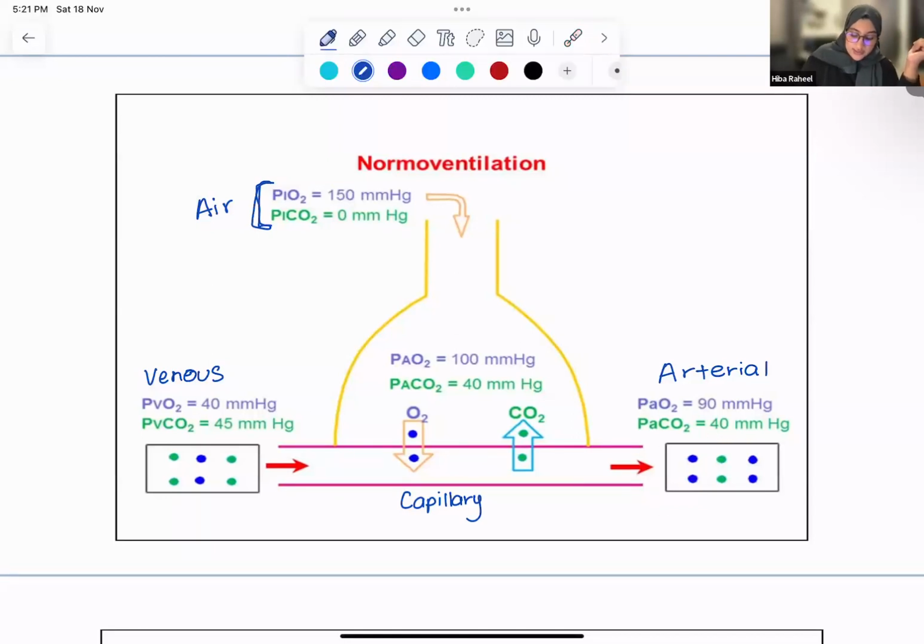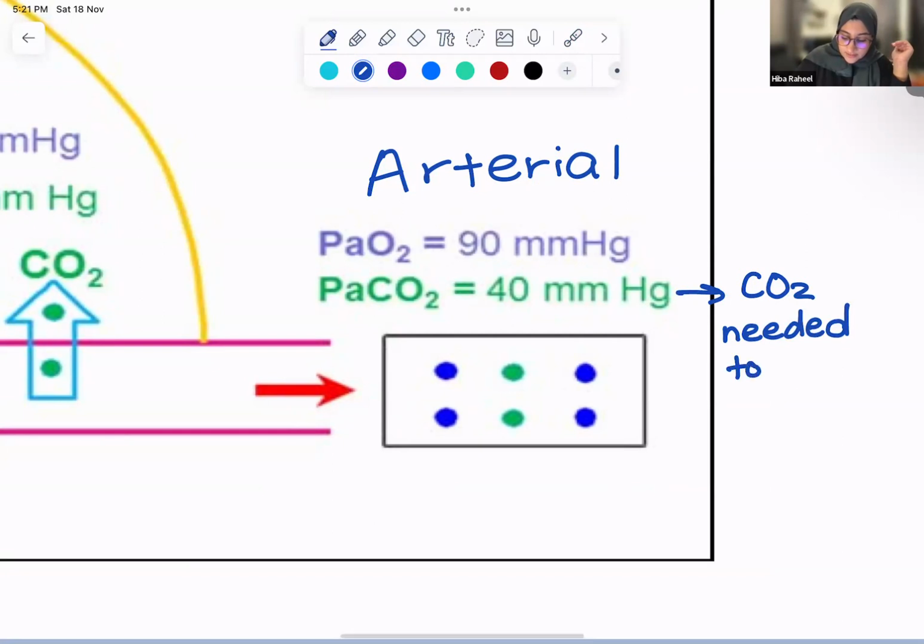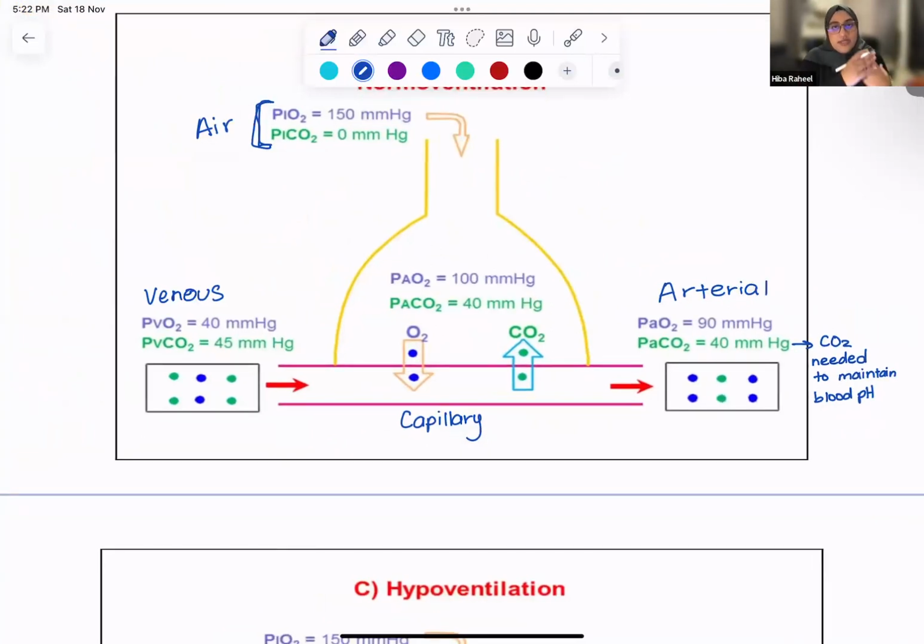The answer is you cannot remove all the carbon dioxide in the blood, because carbon dioxide is needed to maintain the pH of the blood. This is a very, very important point. If you remove all the carbon dioxide from the blood, you won't have the production of carbonic acid.